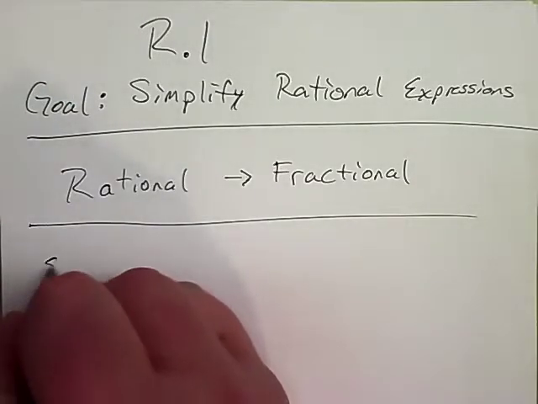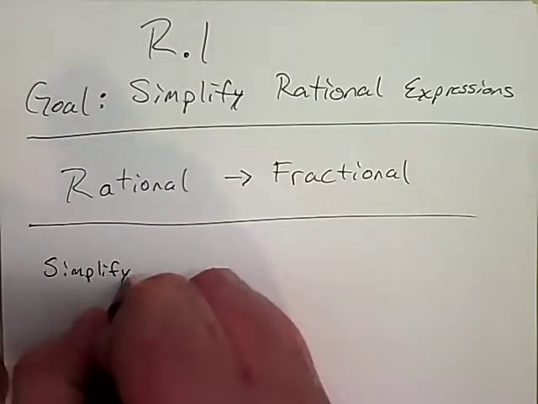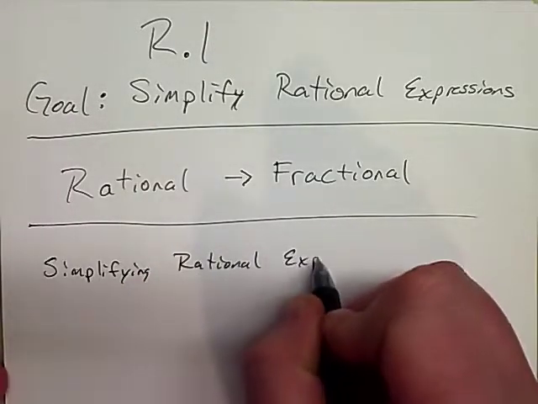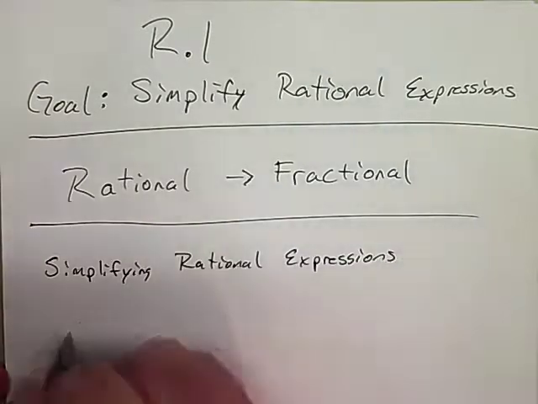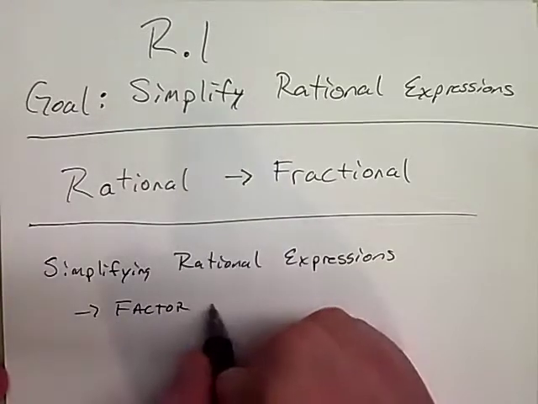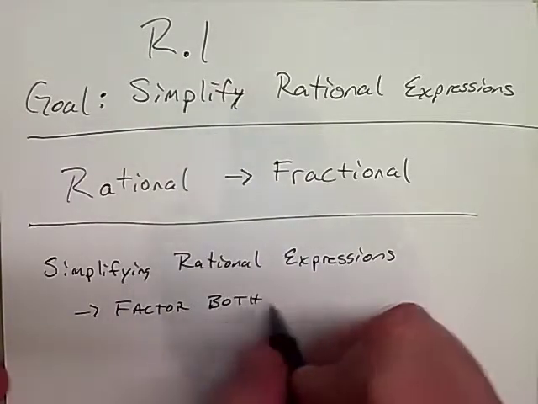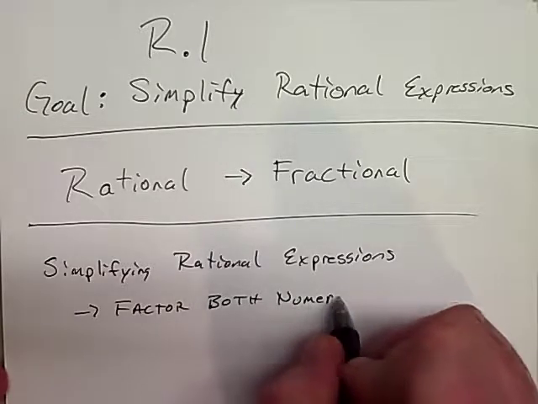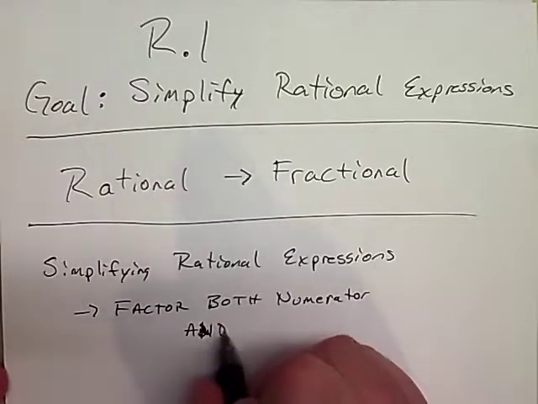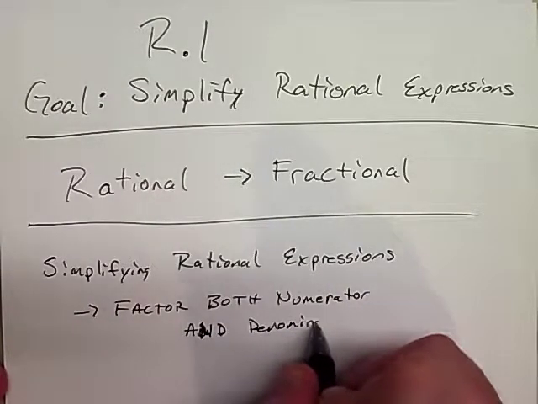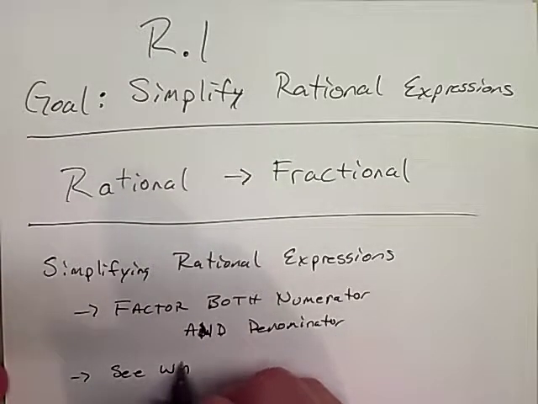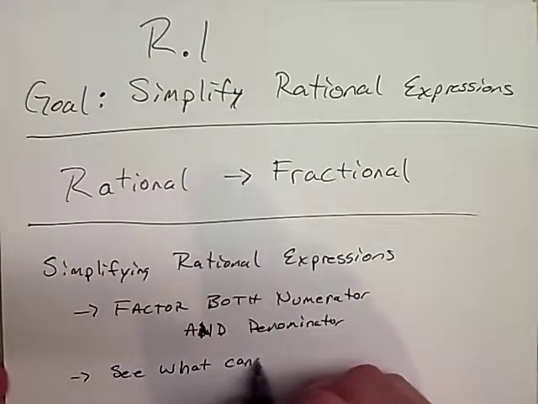So when it comes to simplifying rational expressions, our goal is to factor both the numerator and denominator, and then we're going to see what cancels.